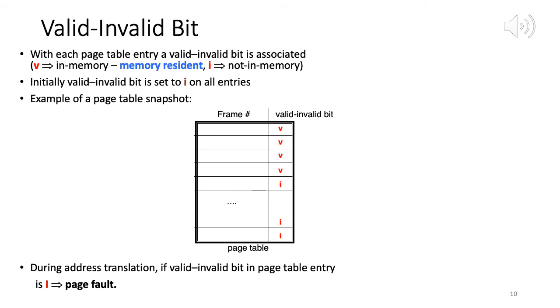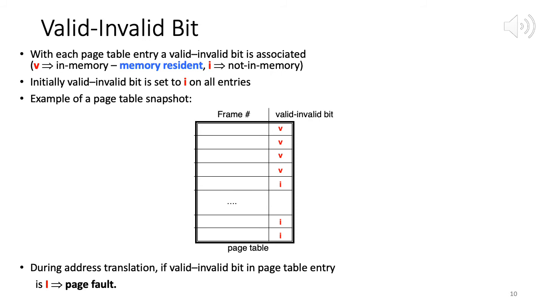Obviously it's set as I for all the entries of that process's page table, because in demand paging, initially how many pages are brought in? 0. Only when we are accessing a page do we bring it into memory, otherwise we don't.